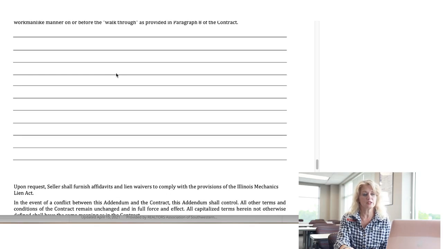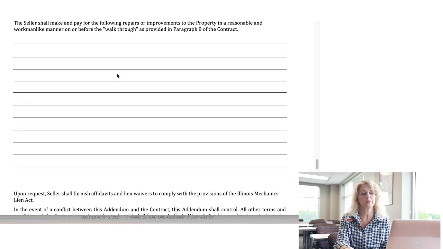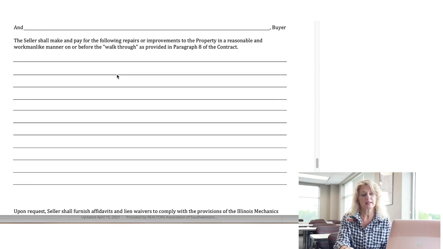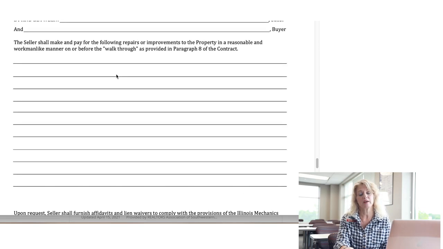The situation with the repair addendum would be if the buyer has especially an FHA, rural development, or VA loan, that lender, that underwriter will not want this to be a part of the contract. So it may be that in order for that lender to process that buyer's loan or even submit it to the underwriter, this is going to have to be removed from the contract.